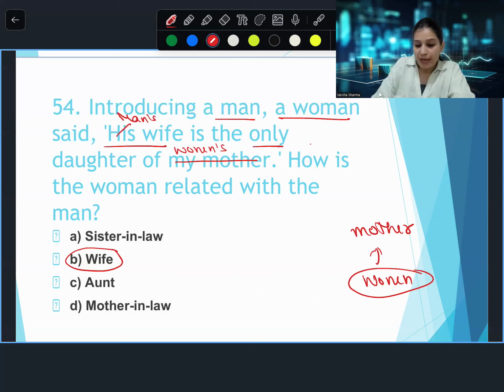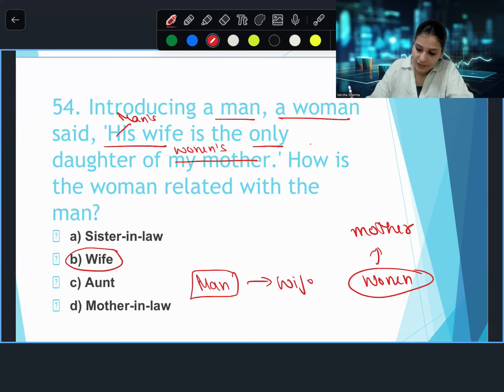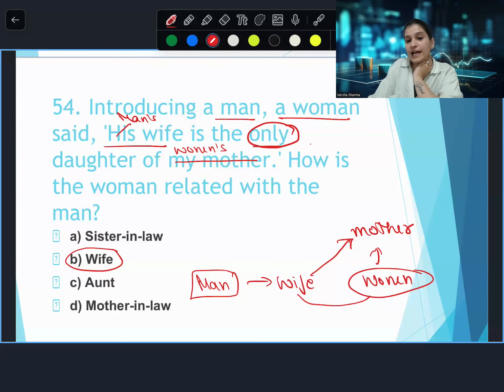Man's wife is the only daughter. So here we have man, his wife is the daughter of this mother. But they've also written only daughter. But right now in my diagram there are two daughters. So that means woman and wife are the same. Man, wife, husband. The wife is the woman.